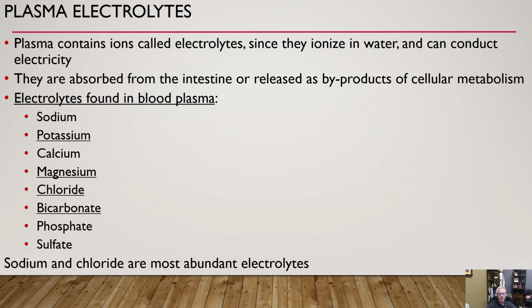Obviously, sodium and chloride are going to be the most abundant, but if you remember back from your pH lecture way back when, of these ions, which one would be the most important in maintaining your blood pH?